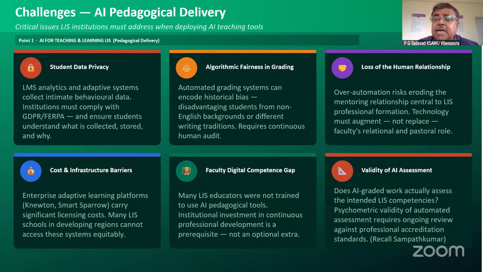The validity of AI assessment. Certain assessments have to be made by the human mind only. You cannot use automatic systems to grade them. Sachin Tendulkar graded one of his best innings as 97 plus not out, his best ever score.